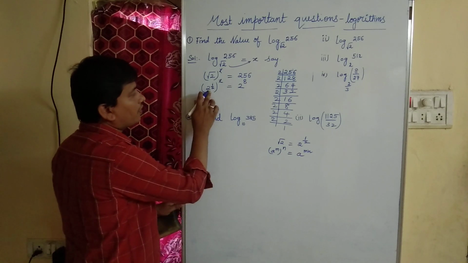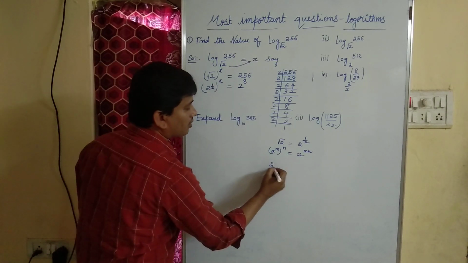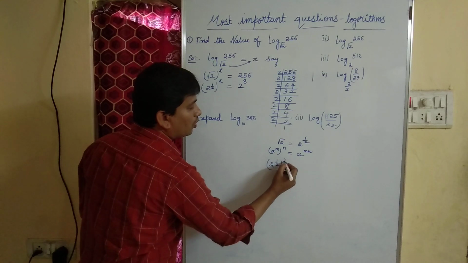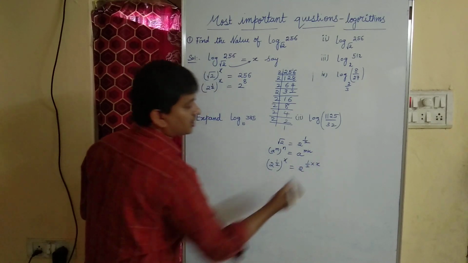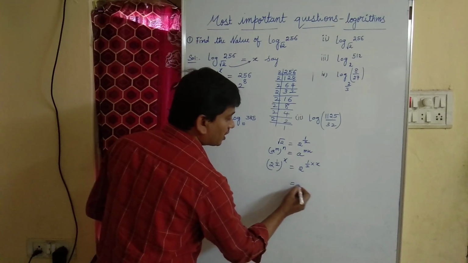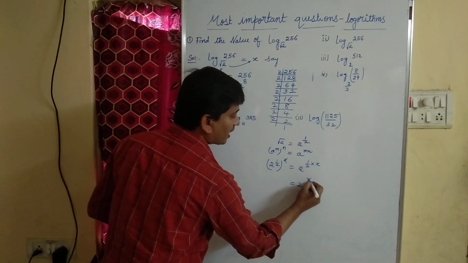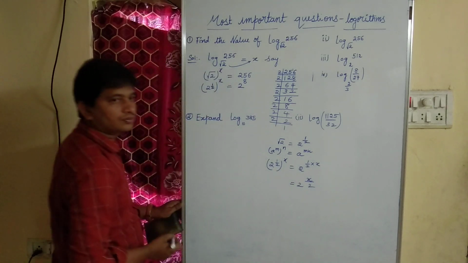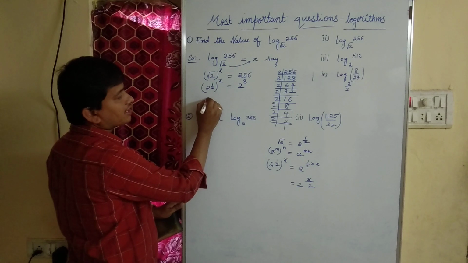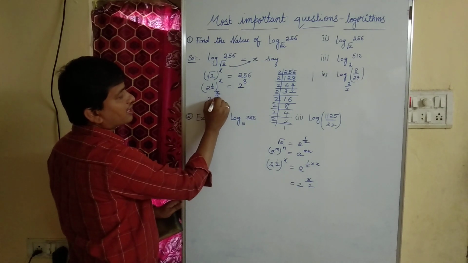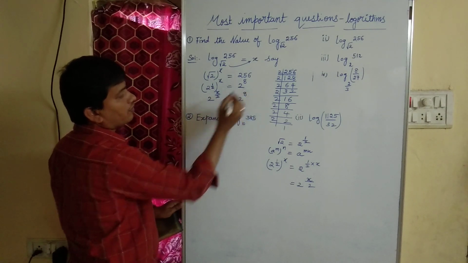Here 2 power 1 by 2 whole to the power x I can write as 2 power 1 by 2 into x, so that is 2 power x by 2, equal to 2 power 8.